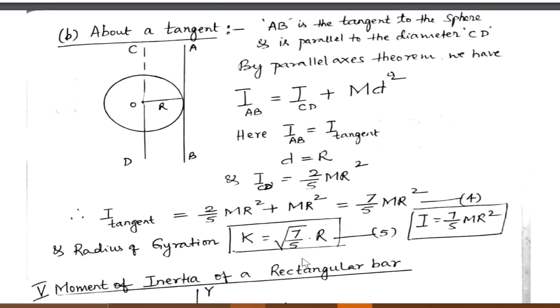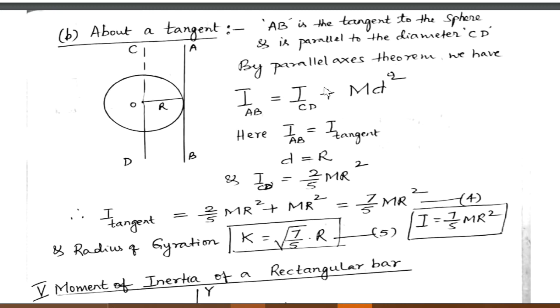And the second case, B, moment of inertia of the sphere about a tangent. Look at the figure. AB is the tangent drawn to the sphere at some point, which is parallel to the diameter CD. O is the center of the sphere, R is its radius.